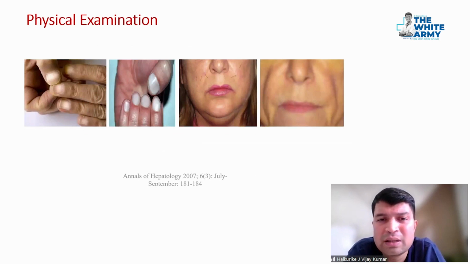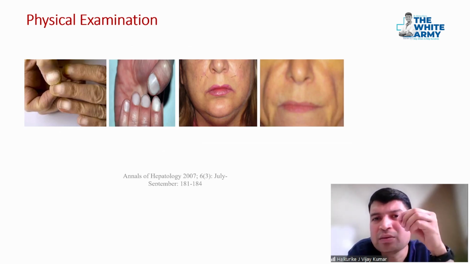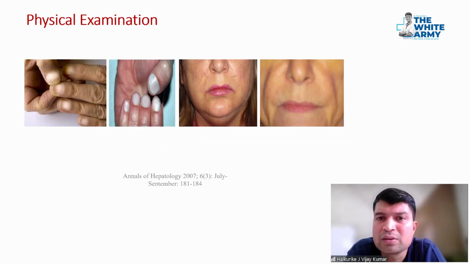Another important sign is the half and half nail or Terry's nail, or even the white nail, leukonychia, which are features of chronic liver disease and hypoalbuminemia. These important things have to be mentioned in the general examination. Paper money skin is nothing but small thread-like vessels occurring on the face, which is a part of chronic alcohol-induced liver damage. Muscle wasting also indicates malnourishment, with loss of upper body fat.